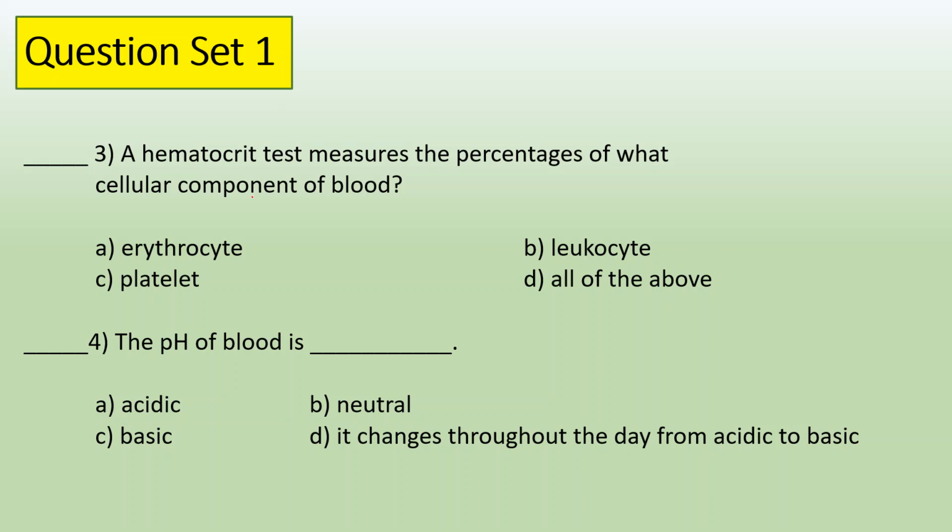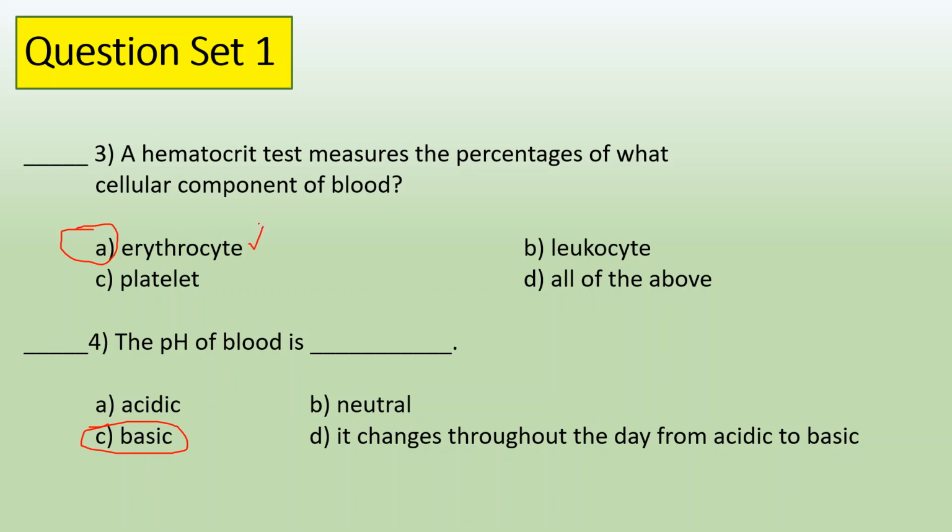Okay, number 3, the hematocrit test measures the percentage of what cellular component of blood? Well, that would be erythrocytes, red blood cells. And then the pH of blood is going to be slightly basic. Remember, it's going to be 7.35 to 7.45. So that should have been C. Let me go back up to number 3 a minute.